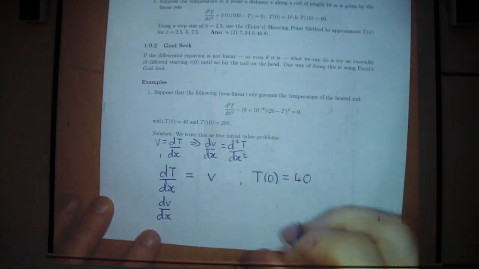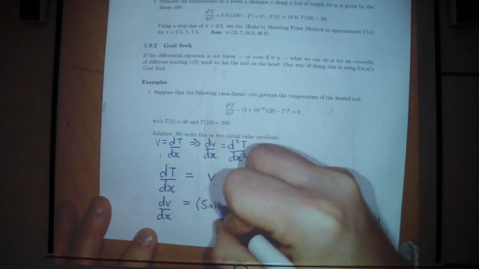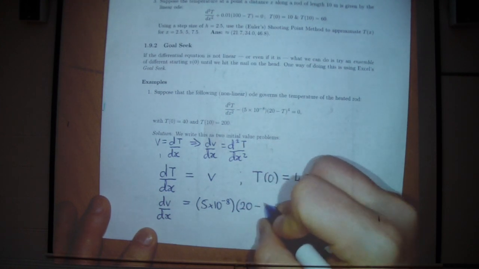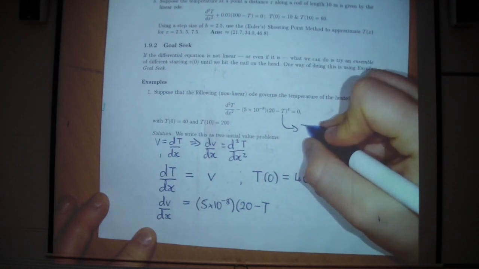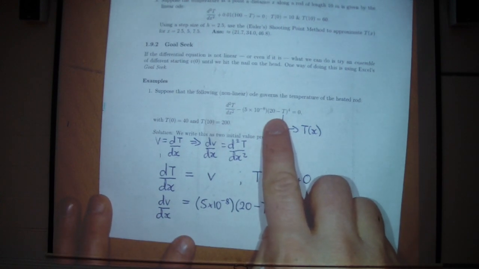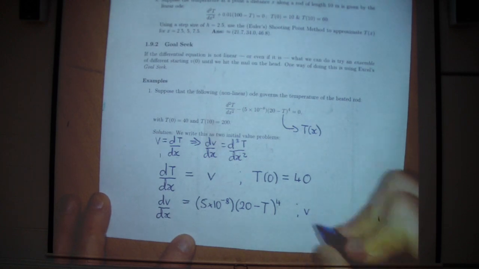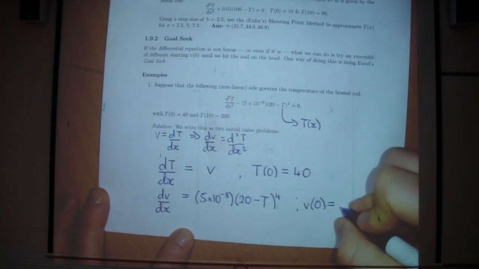Add this thing to both sides, and you end up with 5 by 10 to the minus 8 times 20 minus t, where t is a function of x. I would maybe like that written as a function of x, but down here t is fine. But the issue is we do not know the starting value of v.